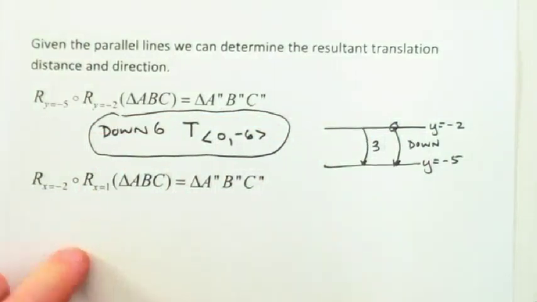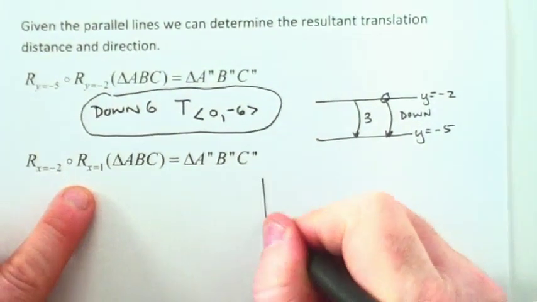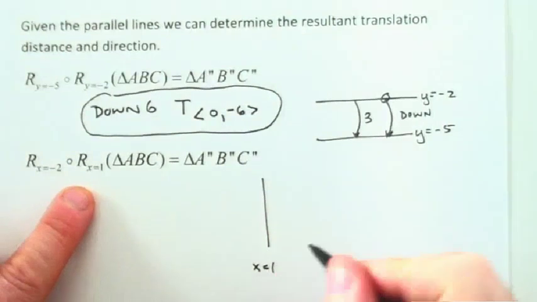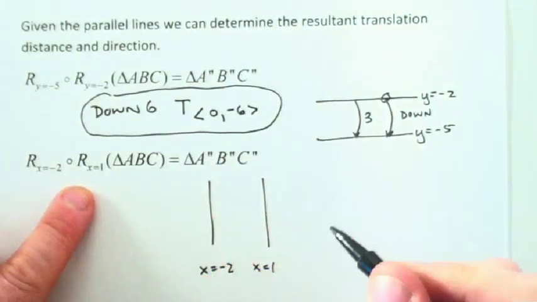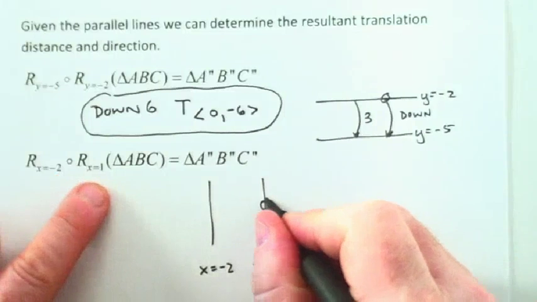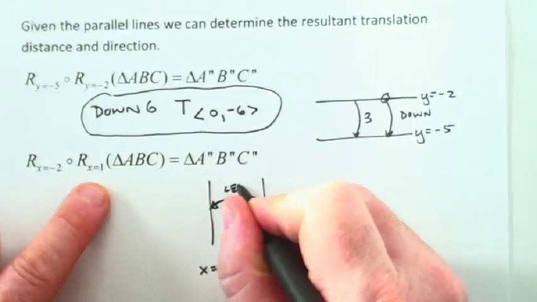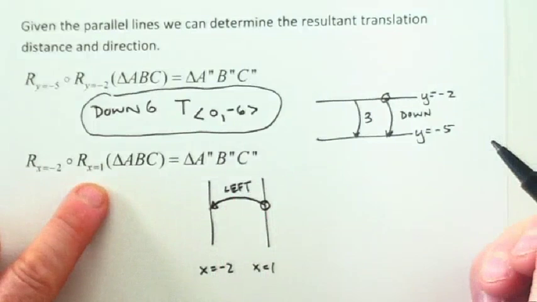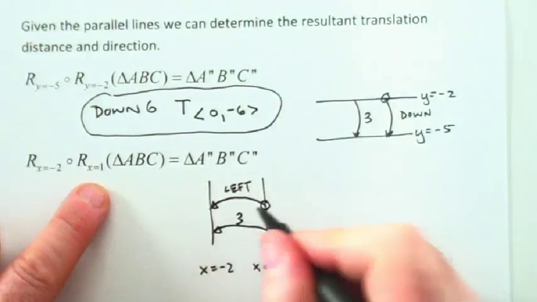Let's do one more. Our two lines of reflection are x equals 1 and x equals negative 2. It tells me to do this one first and then this one second. So this tells me our motion will be left. The distance between these is 3.